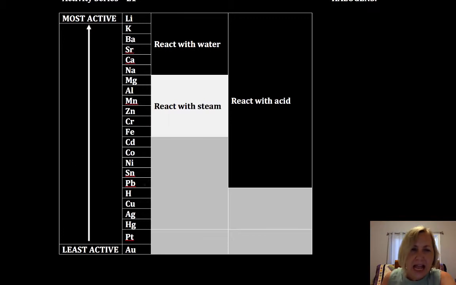So now everything above the hydrogen on this chart, everything from here on up, these all react with acid. Okay, so if I put some cadmium in acid, a simple acid like HCl, I would get cadmium chloride plus hydrogen gas if I reacted it with acid.